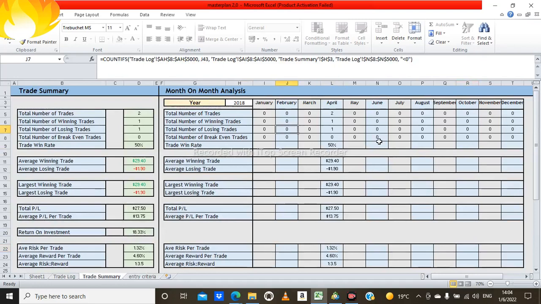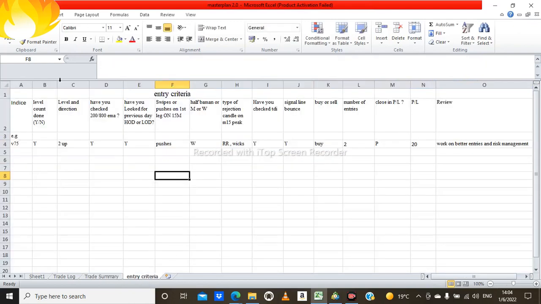Formulas everywhere, man. And I actually like this. This will make me think, and I really like this area, because before you enter into a trade, you need reasons why you're entering into a trade. You've traded your V75. Have you done your level count? Yes. Do you know the level and direction? Okay, I'm in level 1 or I'm in level 2 going up.